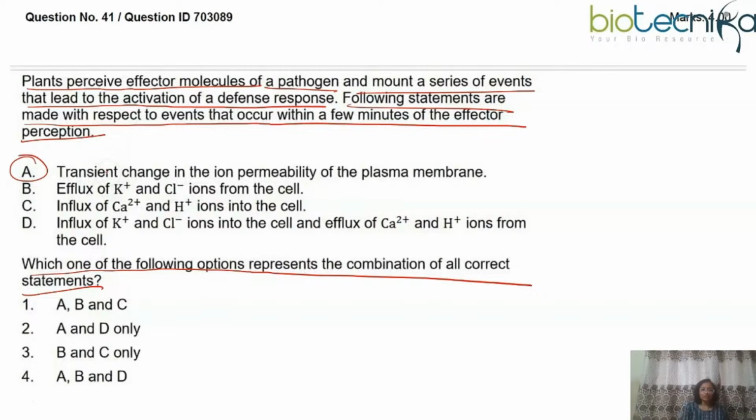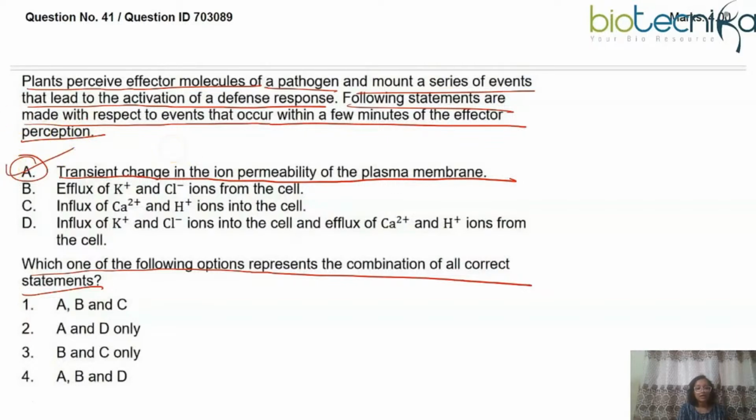Now, out of these 4 sentences, which actually occur? Which of these occur as one of the defense responses? Let us see that. First, transient change in the ion permeability of plasma membrane. Yes, this happens.